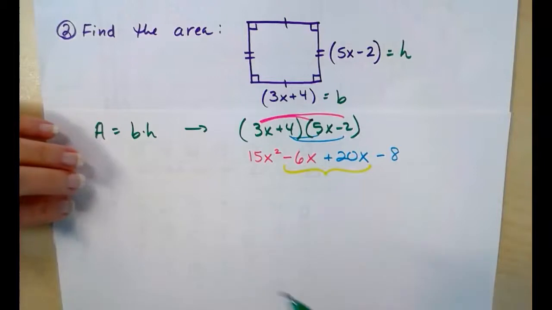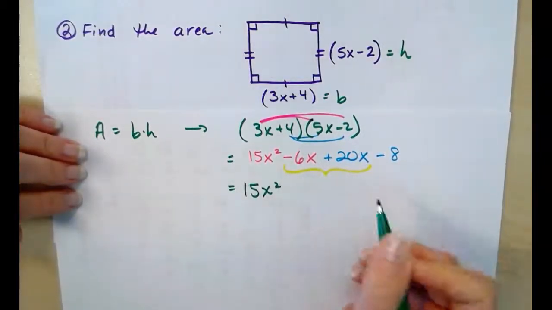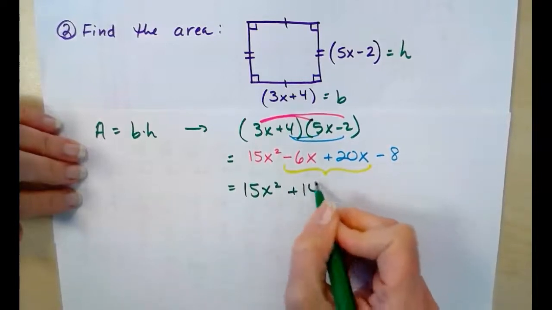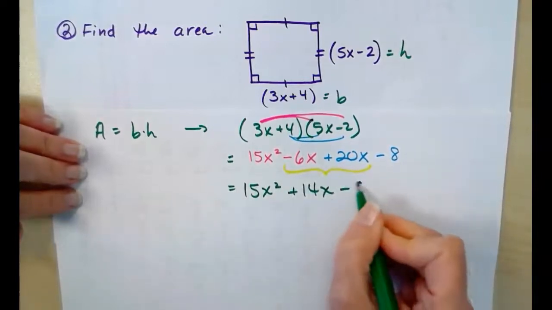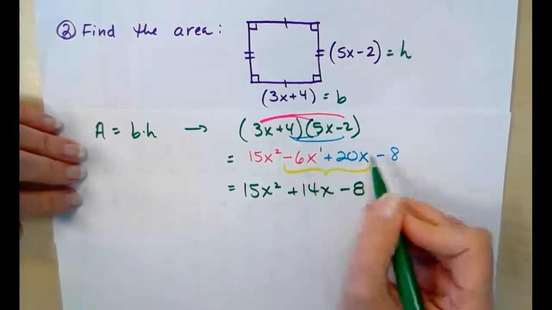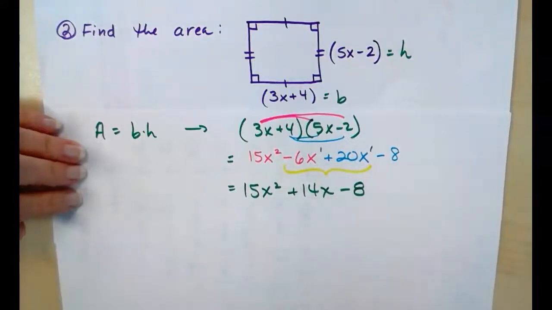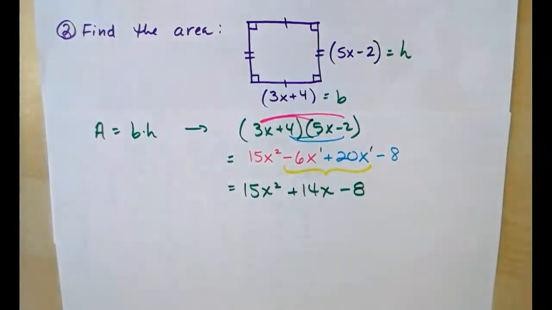So we get a final simplified answer of 15x squared plus 14x minus 8. The only like terms are the two terms in the middle where we have x to the first power. So that is the area for the rectangle in number 2.